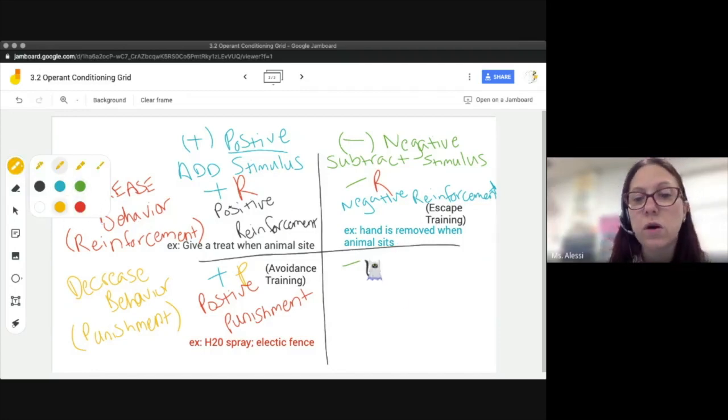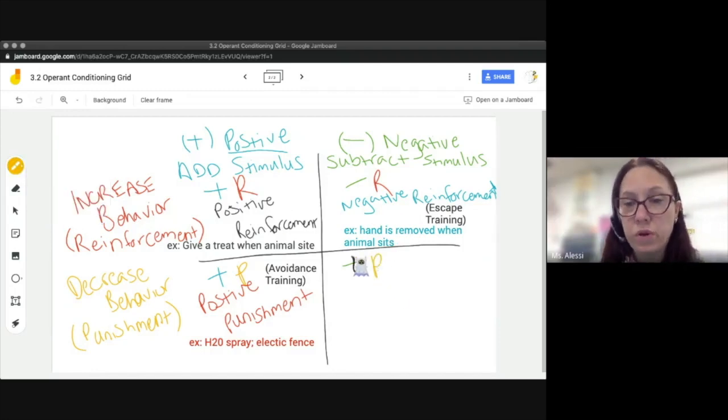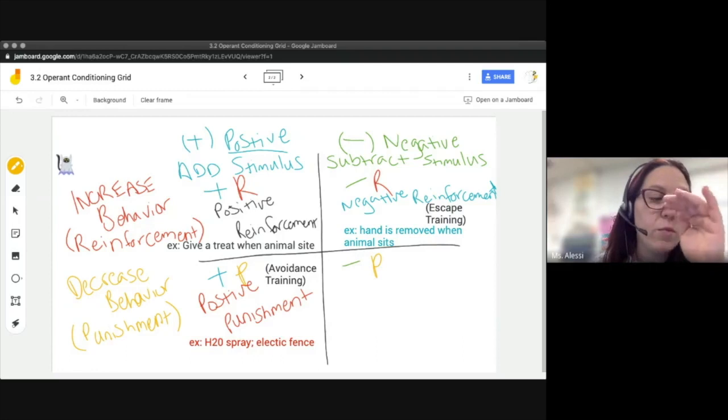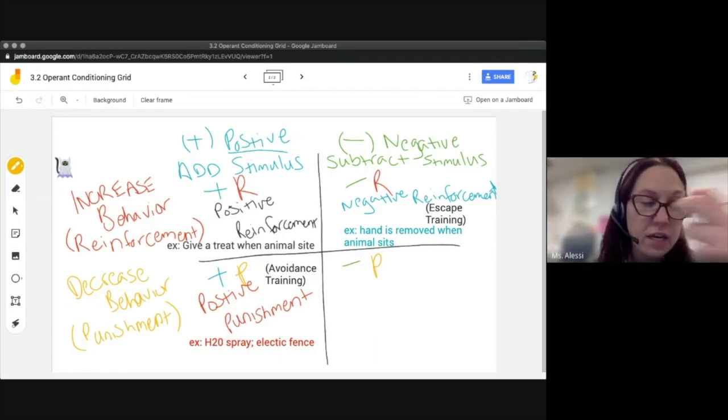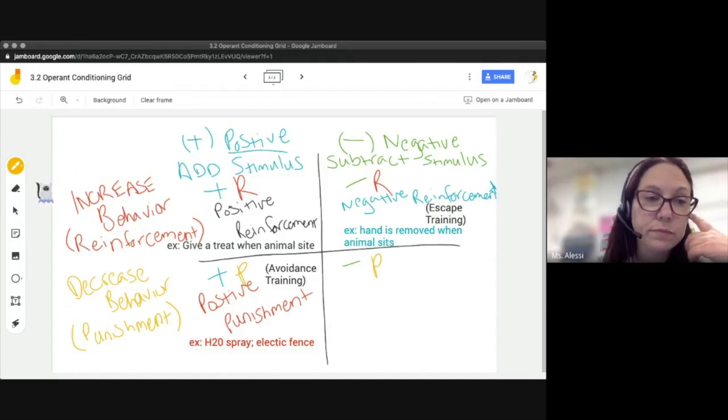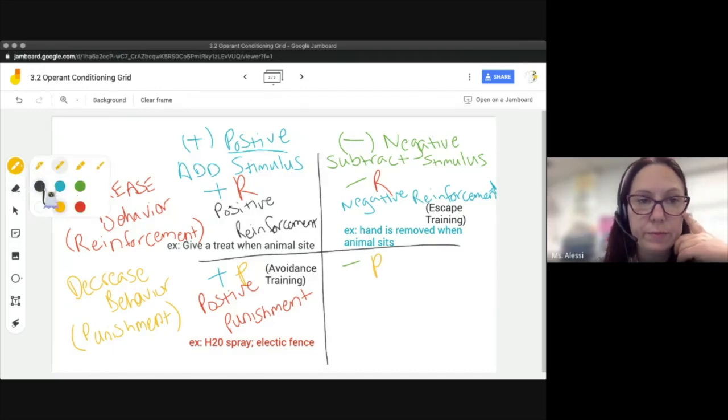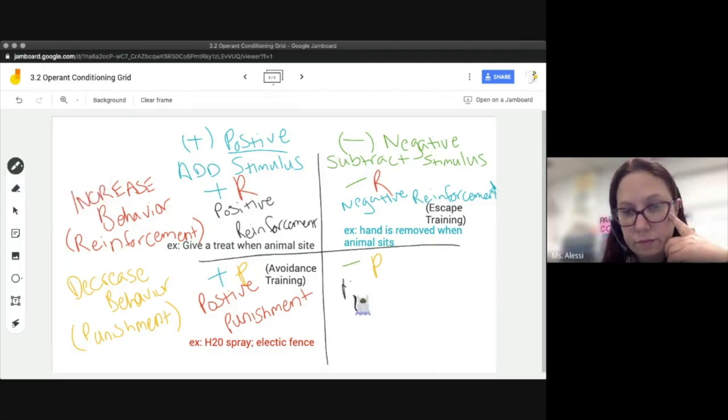Okay. So this really helps because you're taking away a stimulus to decrease the behavior. So this would be our negative punishment. Again, I'm going to remove a stimulus to decrease the behavior.